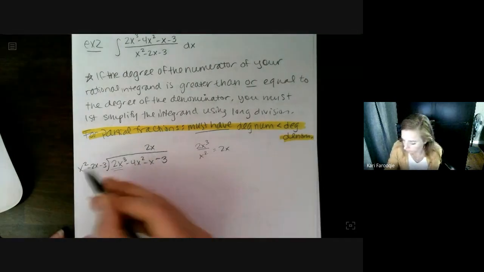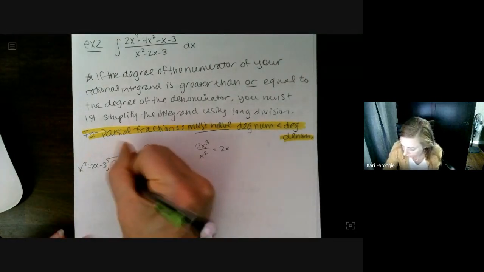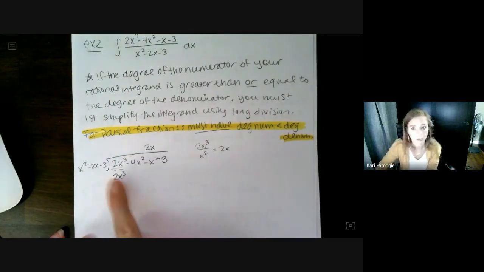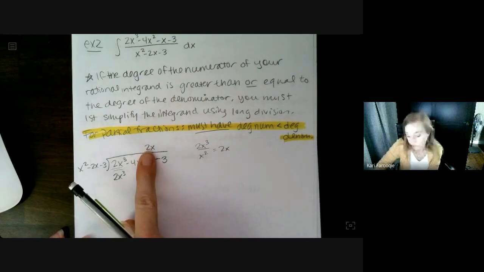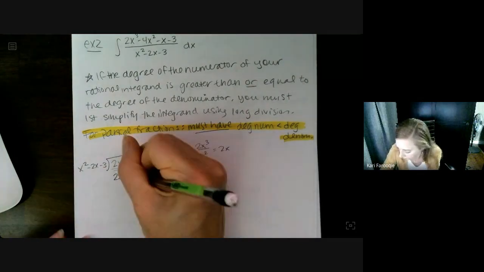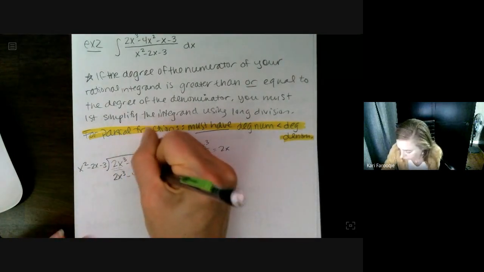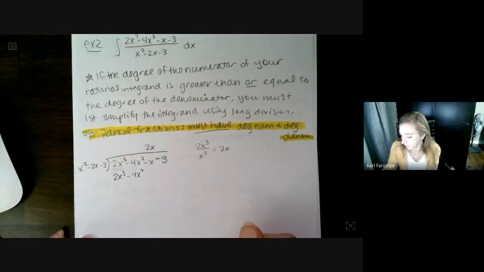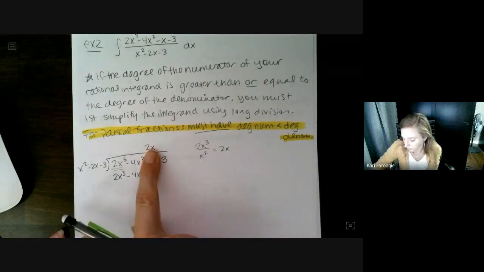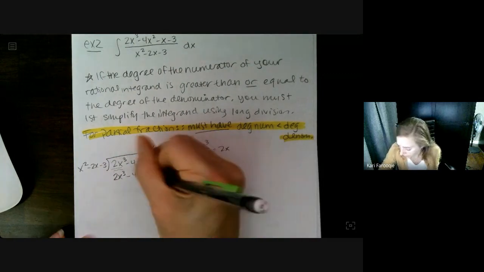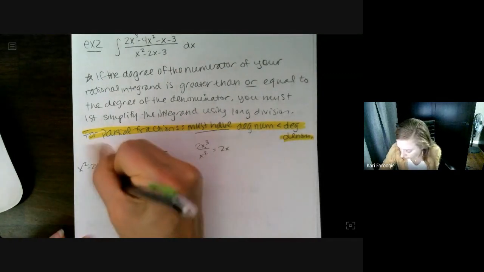So 2x times 2x squared is 2x cubed. Well, it better be. It's got to match up. Then you're taking 2x times negative 2x to get negative 4x squared. Then you're getting 2x times negative 3 to get negative 6x.